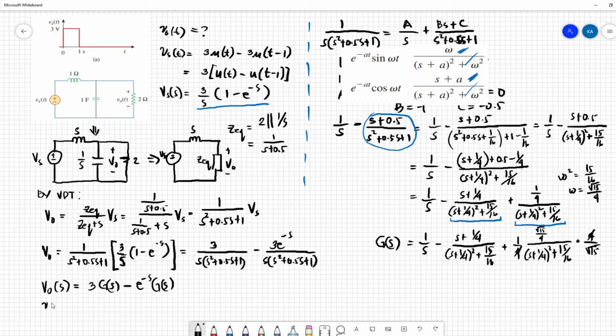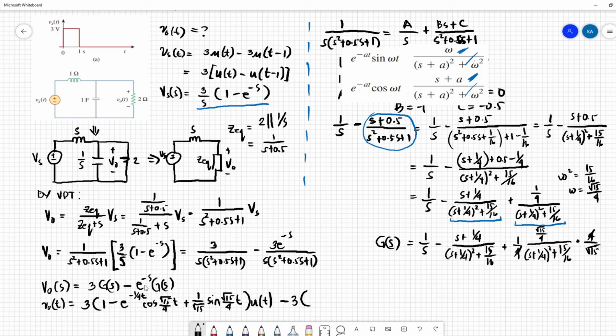So getting the inverse Laplace of Vo of s, I have 3 times 1 minus, the inverse Laplace of this term is e to the negative 1/4 t cosine of square root of 15 over 4 t, plus 1 over square root of 15 sine of square root of 15 over 4 t, u of t.